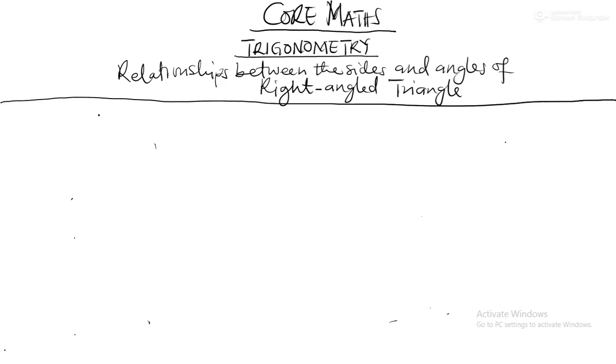Regarding the relationships between the sides and angles of a right-angled triangle, we'll focus on two main relationships. The first is among only the length of sides.